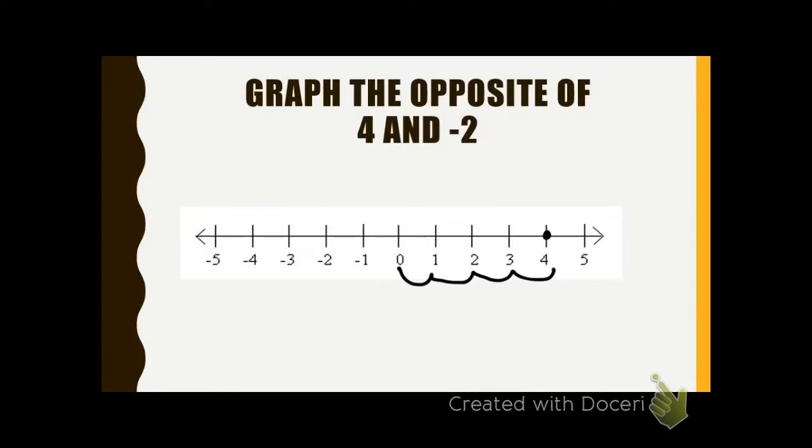I'm going to go to 0 again and go the opposite direction, and I am at -4. Now, you don't have to mark it on a number line as long as you know that the opposite of a +4 will always be a -4. The opposite of a -2 will always be a +2.